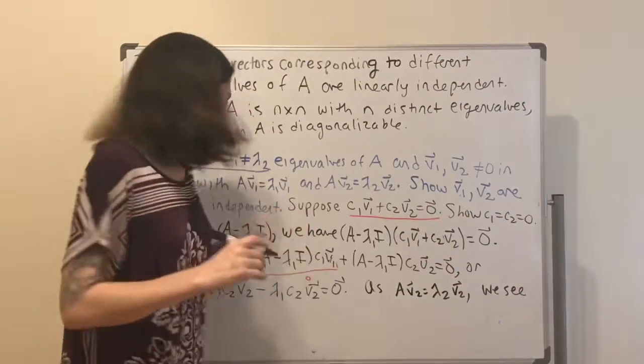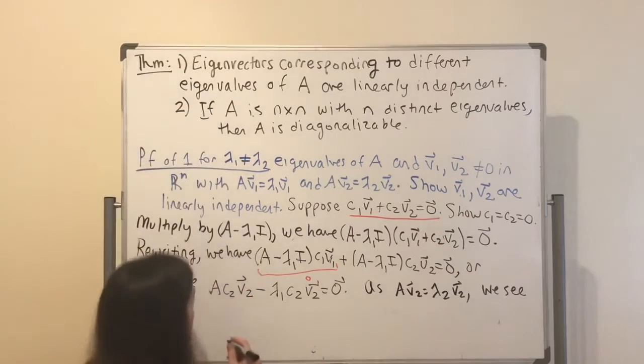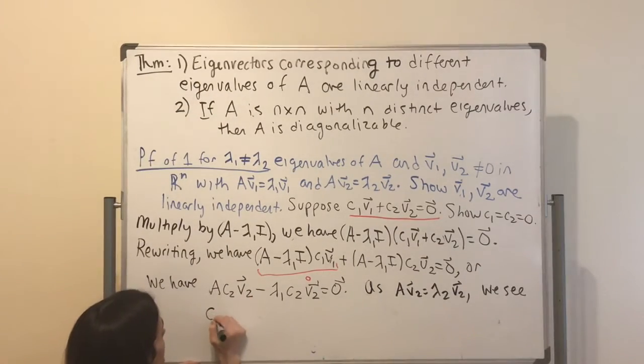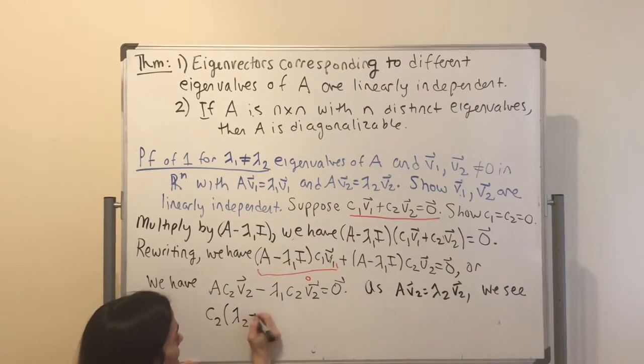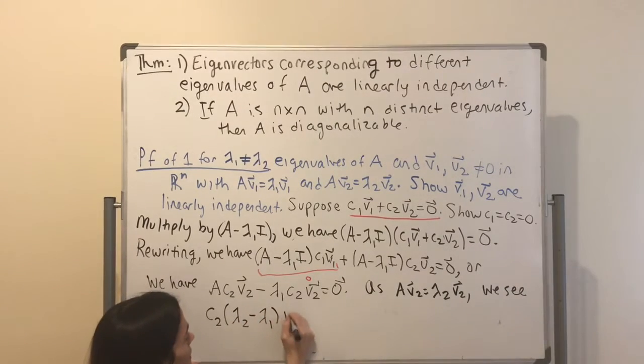And I can factor out a C2. This will give me C2 times lambda 2 minus lambda 1 times V2 is 0.